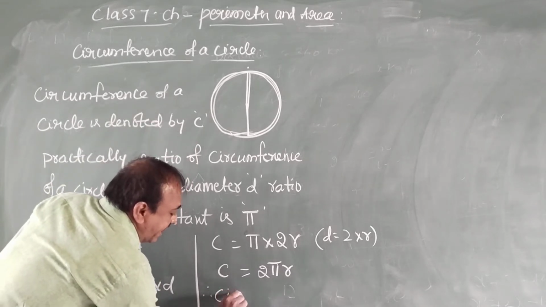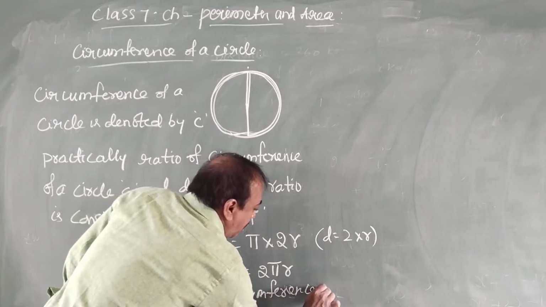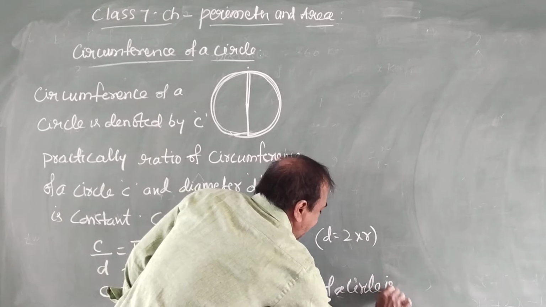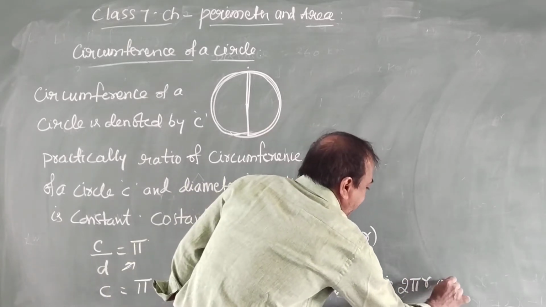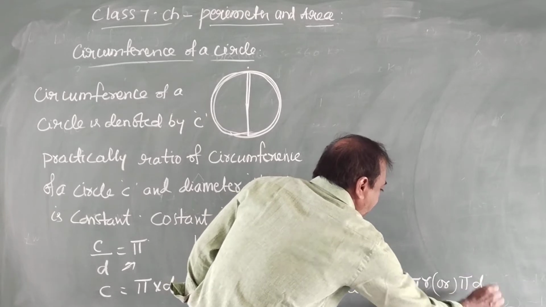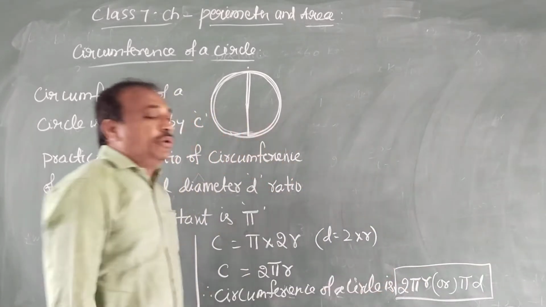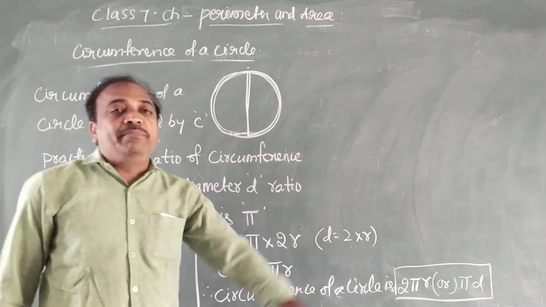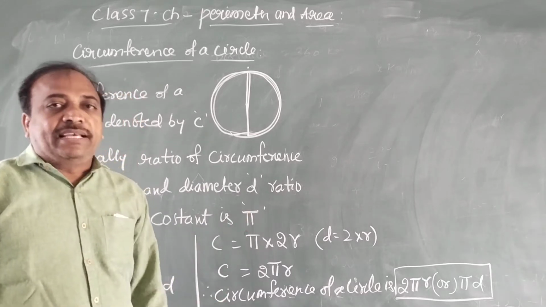Therefore, the circumference of a circle is 2 pi r, or you can write pi d. Both you can write, either 2 pi r or pi d. If you know the diameter, pi into d, or if you know the radius, 2 pi r. This is the circumference of a circle.